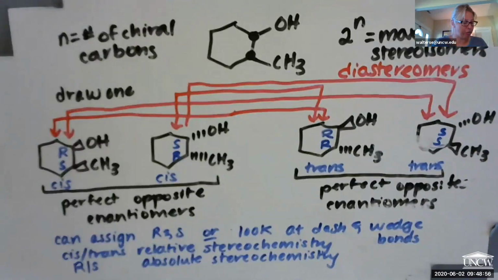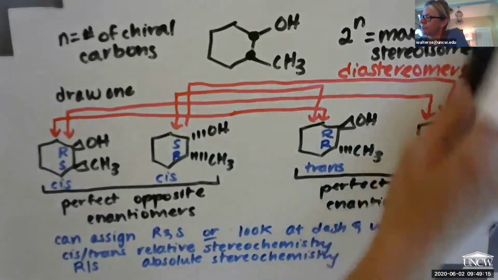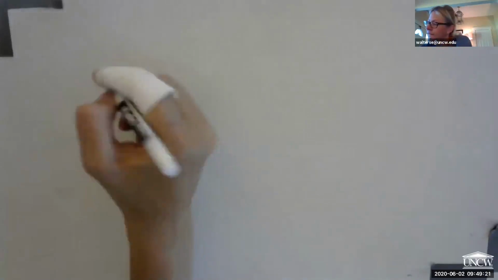I'm going to give you 2 pairs of atoms or molecules, and I want you to pick whether they're a pair of enantiomers or a pair of diastereomers. Okay. Right.